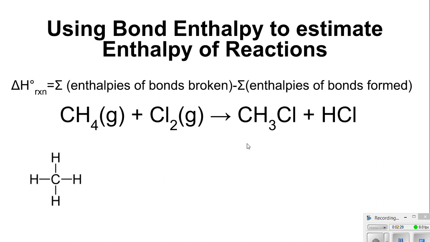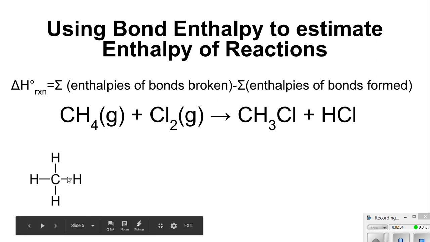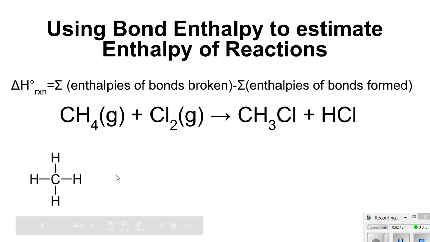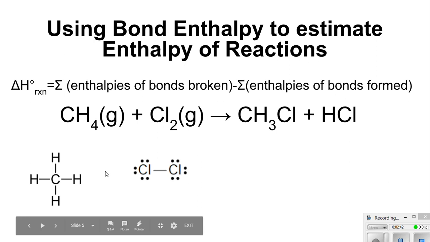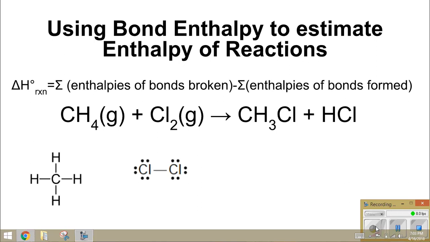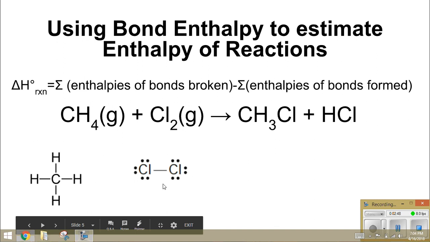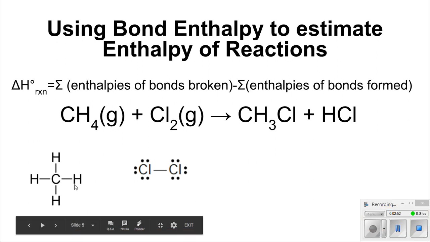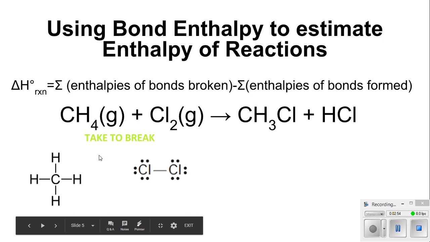So if we look at this, methane, CH4, I have 4 bonds. It's easiest for me personally, I like to draw out the molecules, the Lewis dot structure, and then look at it this way, that these are the actual bonds that need to be broken. So it takes energy to break.